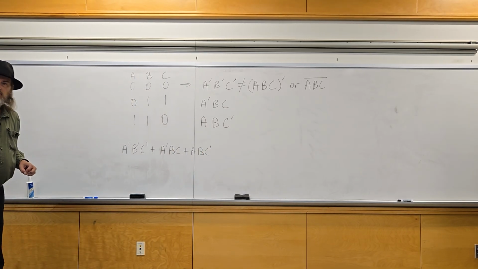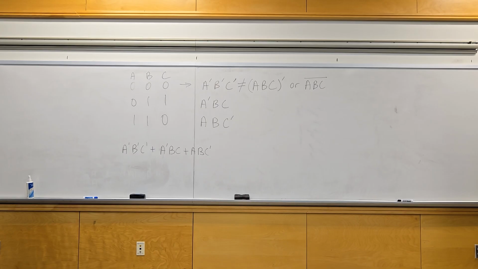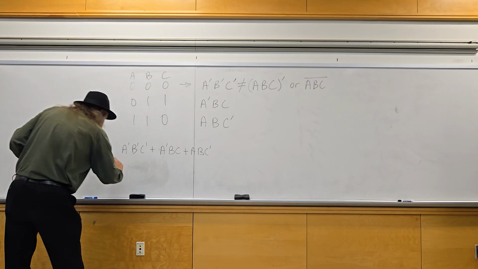That's your output. That's your total expression. But you only need to worry about the lines that have a 1 for an output. And then this is called the sum of products.